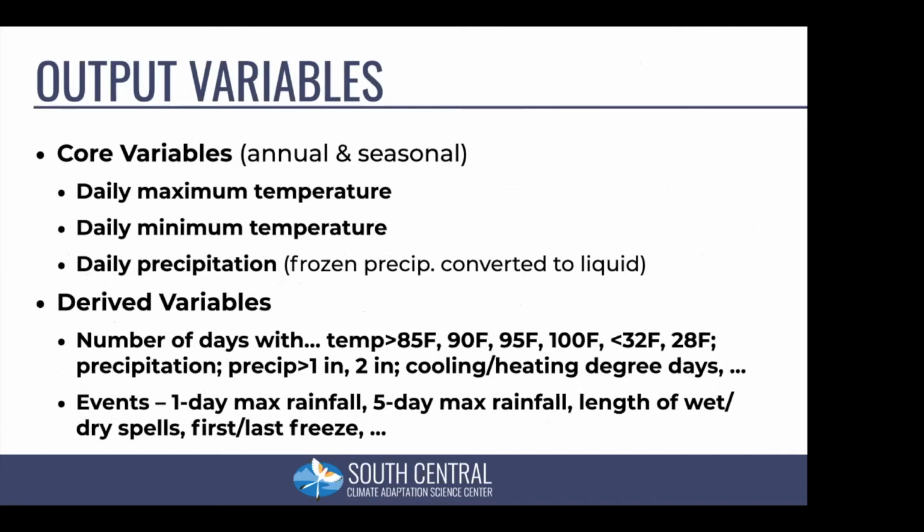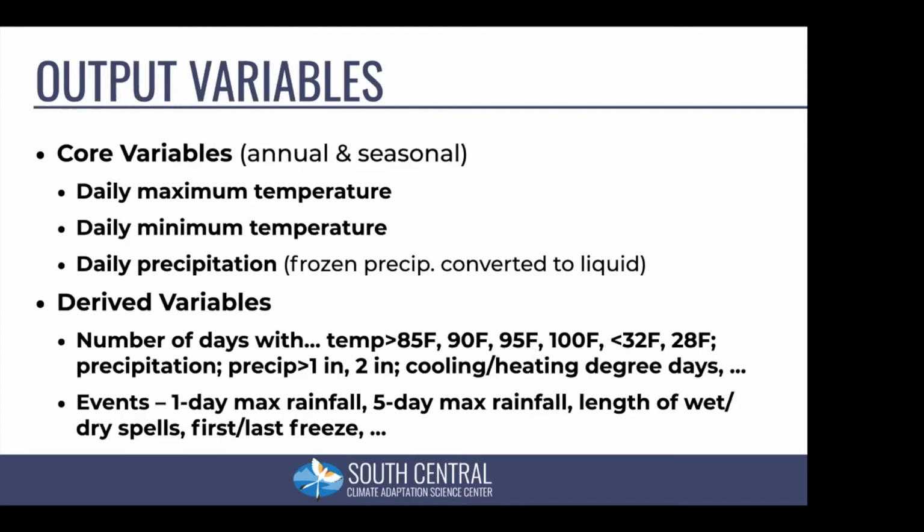Some examples of these derived variables include the count of the number of days during a given time period when we have days over or under a certain temperature threshold, such as 100-degree days or hard freezes. We can do the same with thresholds of precipitation amount, like the number of days with 2 inches or more of rain.